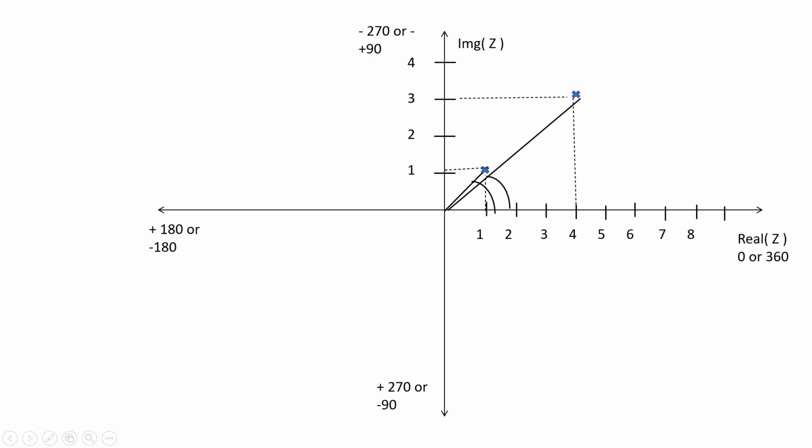This diagonal, having sides of 1 and 1, has a length of square root of 2, and this diagonal, having the adjacent side as 4 and the opposite side as 3, has the corresponding hypotenuse length equal to 5. This is how we can represent complex numbers in the complex Z plane.